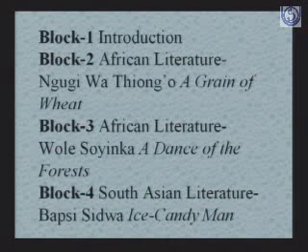Then we go on to the second block, that's block 3, the second African block, which is A Dance of the Forests by Wole Soyinka. Now, of course, Wole Soyinka is a world famous figure. He's a Nobel Prize winner, belongs to Nigeria. He's a political activist, and even when he was getting his Nobel Prize, during his acceptance speech, he launched into a very scathing attack on European powers and how the Europeans had misinterpreted and what sort of racism they had been involved in.